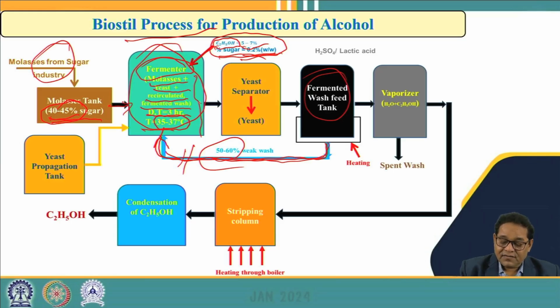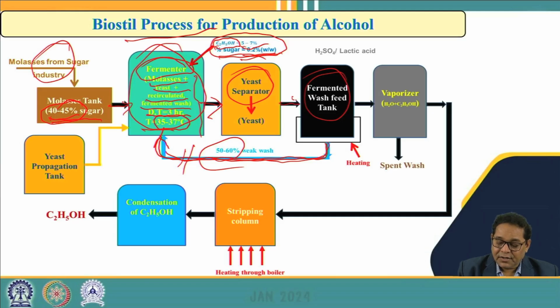And then after fermentation, the entire liquid is taken to the yeast separator unit, where the yeast culture is separated from the rest of the liquor, taken out from this unit and disposed of separately.